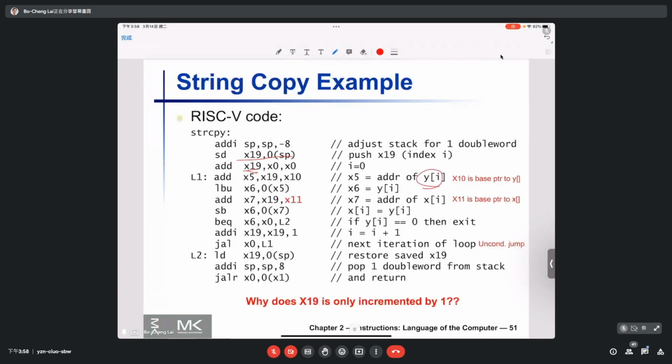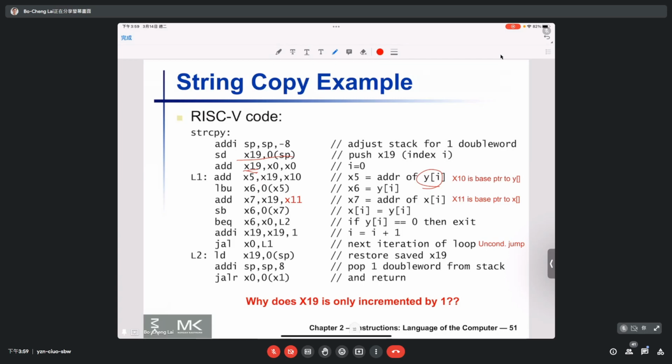So the base register for y is stored in x10. You find the first point of y. y is a string, so the first character is A, B, C. Where is A? A is the first position. So you calculate the starting point of the array, the string y.